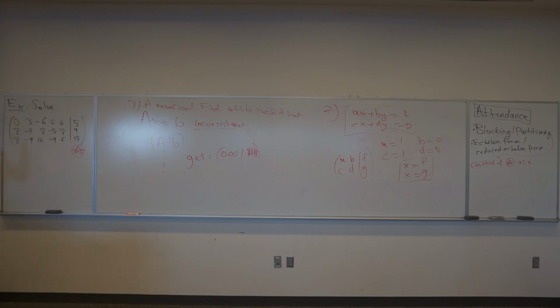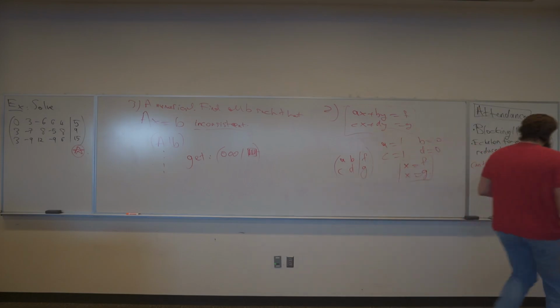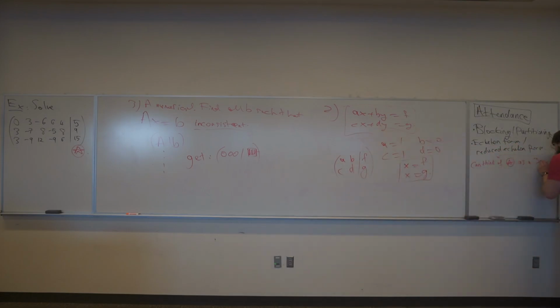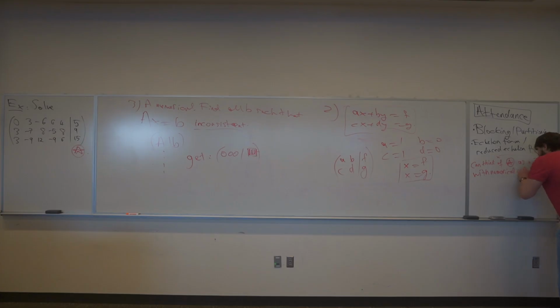Number of rows always comes first, 3 by 6. As a 3 by 6 with numerical entries.